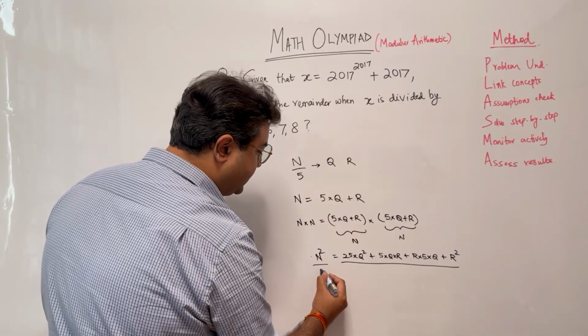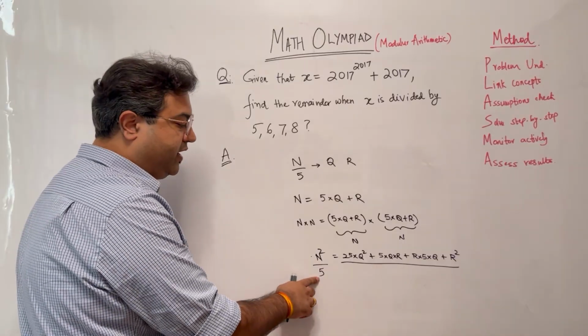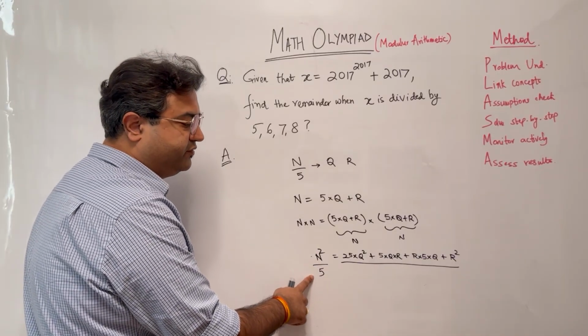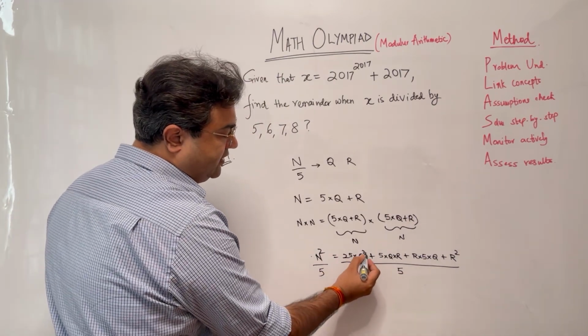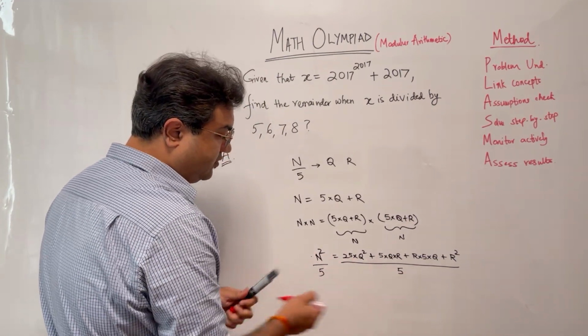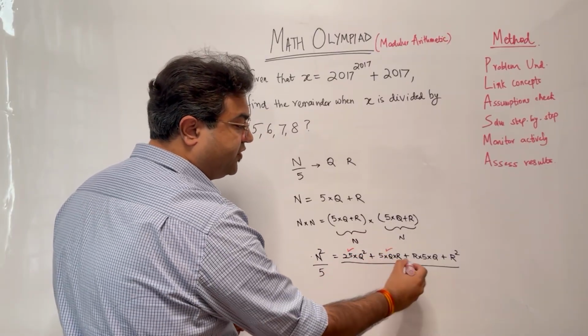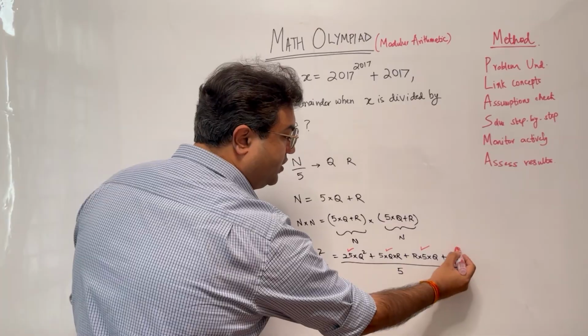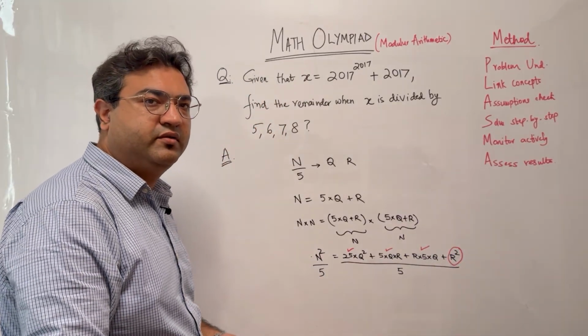Let's say we have to find the remainder when this is divided by 5. We see that this number is divisible by 5, this is divisible by 5, this is divisible by 5. The only thing we have to check is the square of the remainder for n square.